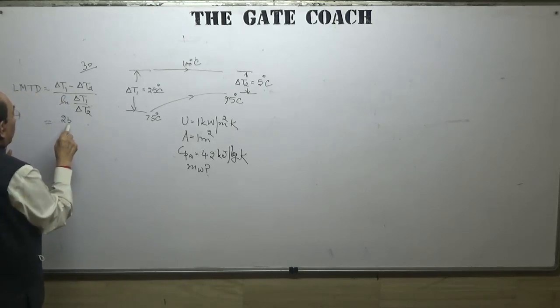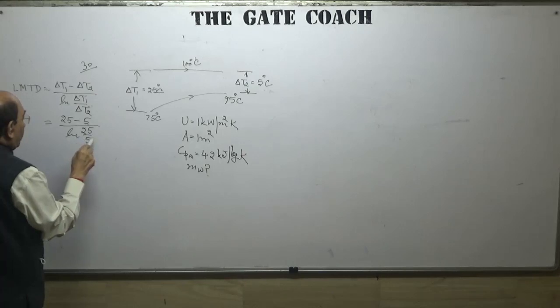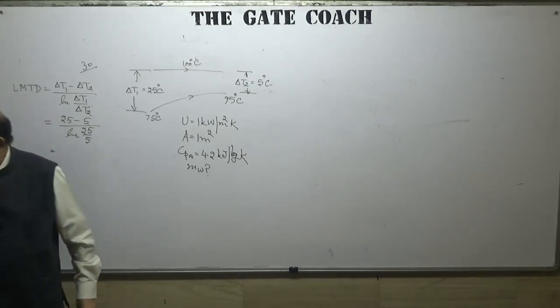So 25 minus 5 upon log of 25 upon 5. Let us calculate this.